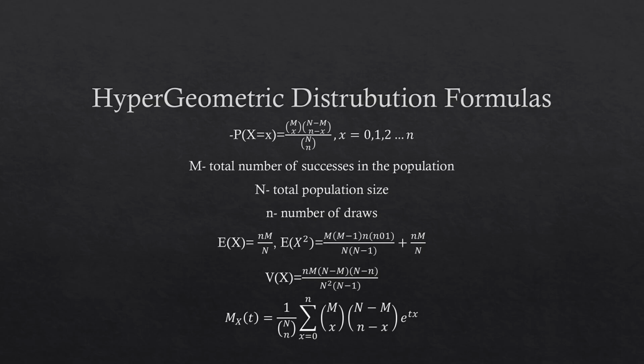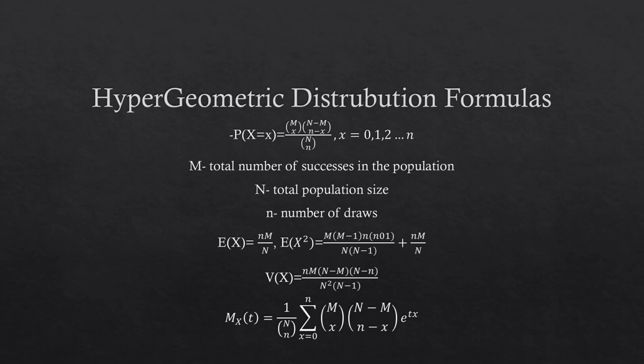So the whole numerator is just picking how many successes we want and how many draws are left. And this is all going to be divided by our total population size, choose the total number of draws, which gives you all the possibilities of the number of draws. So that's going to be our total possibility.